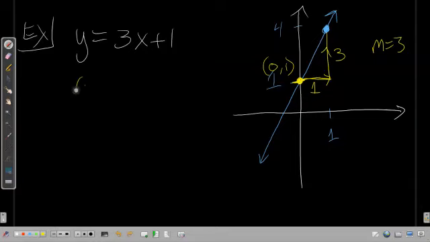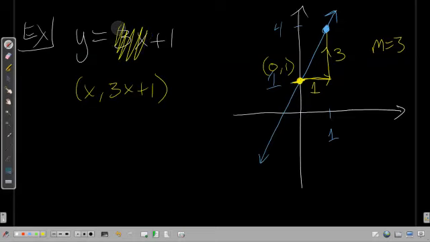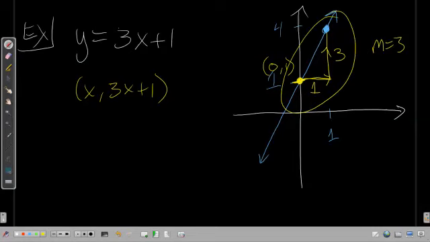It talks about all of the ordered pairs that look like x, comma, 3x plus 1. So 3 times 0 plus 1 is just 1. It has to go through the point 0, 1. If x were 0, this part's gone, and it just says y is 1. And the slope has got to be 3, we're told. This says make it with a slope of 3. Well, okay. Slope is just rise over run, and that's what's happened right here.